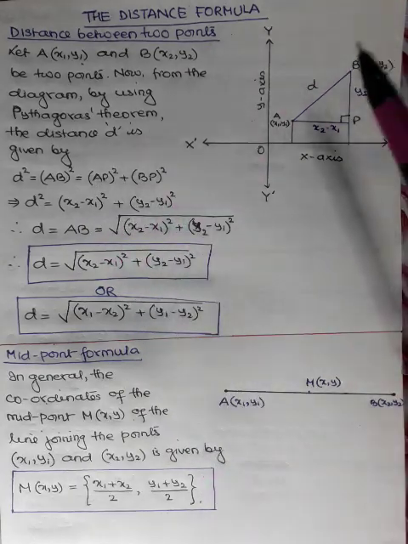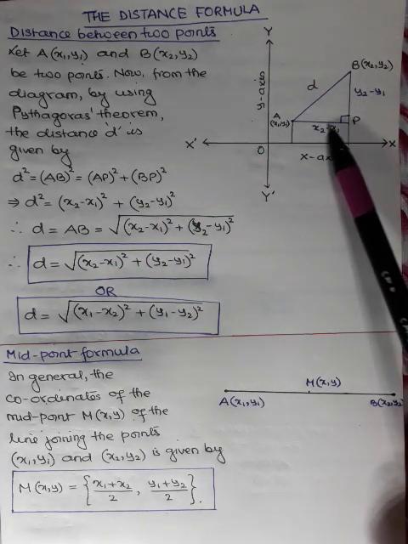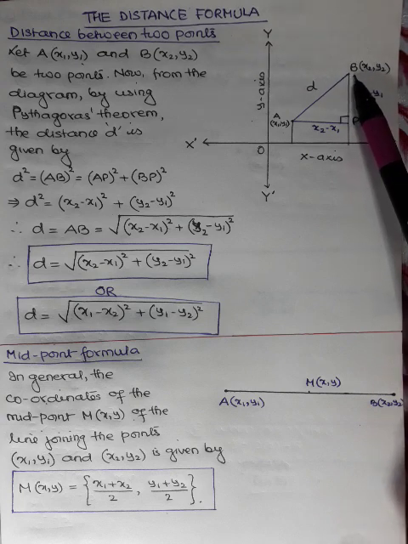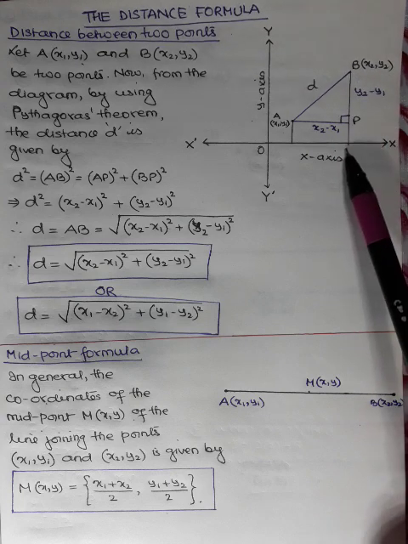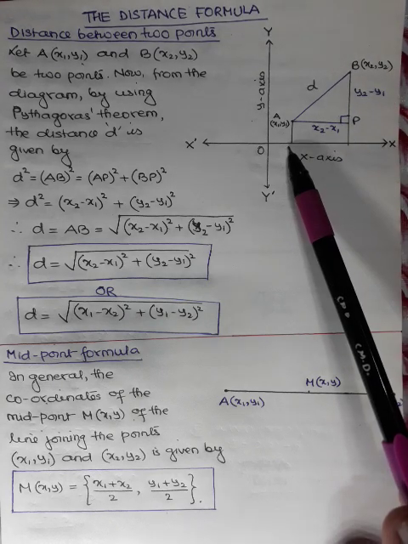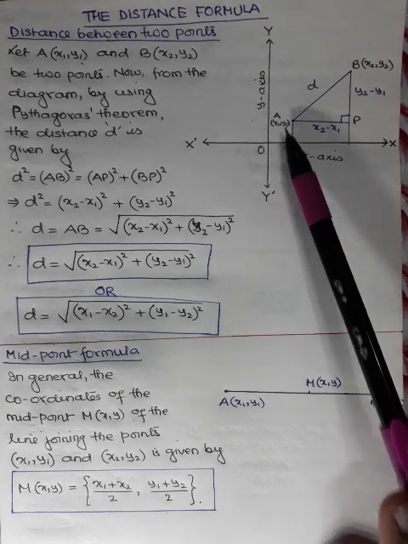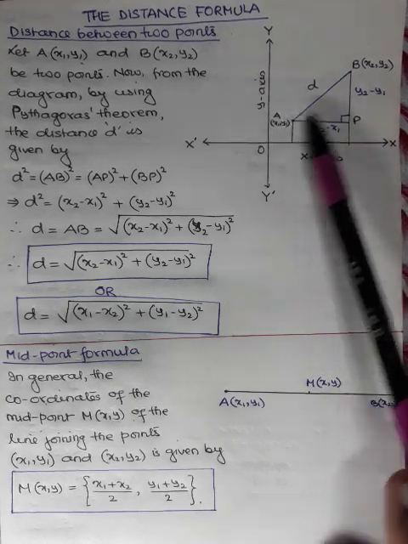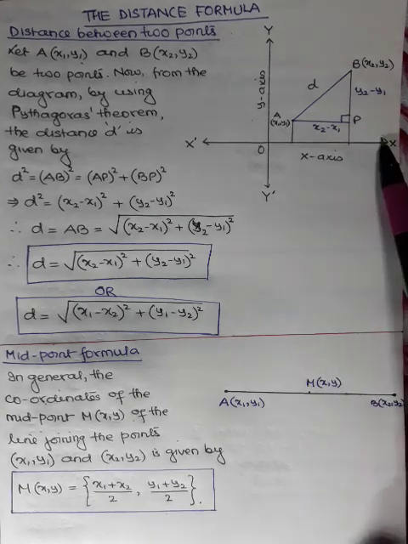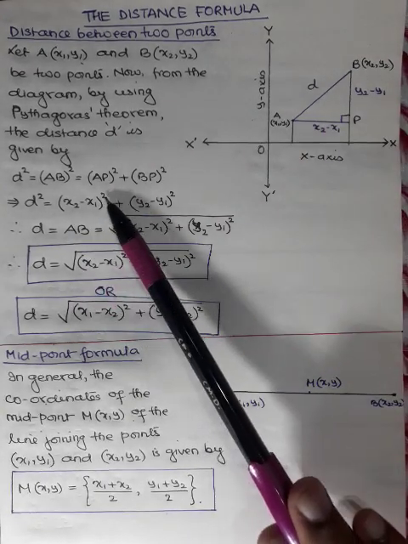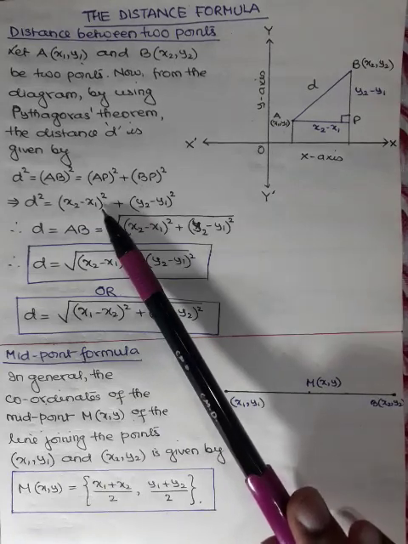AP means just see along the x-axis. The coordinate of B along the x-axis is x2, and the coordinate of A is x1. So the distance between A and B along the x-axis will be x2 minus x1, and since square is there, we write the square.